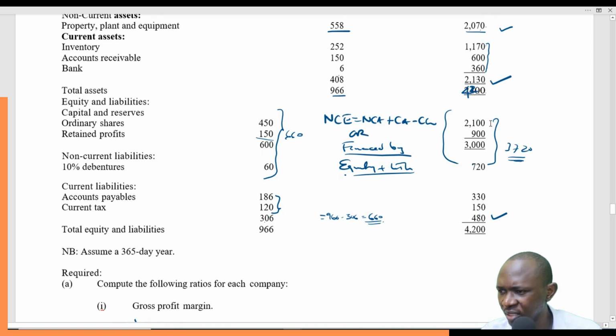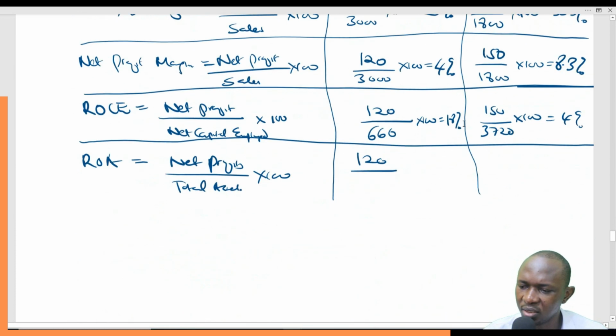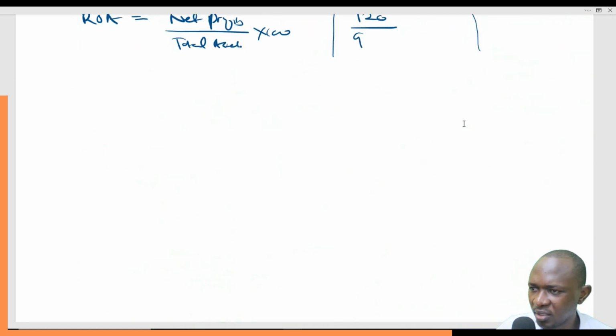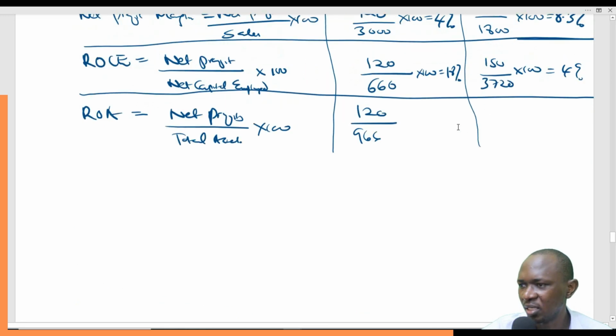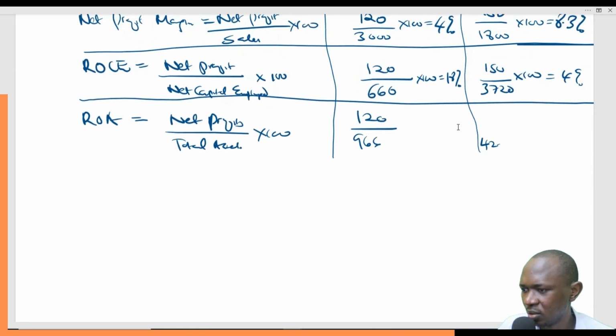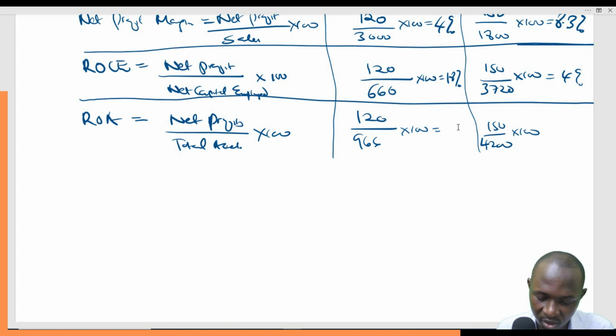So 966, and this other side is 4200. Times 100. Once you know the formula, it becomes very easy. 966, that is 12.42%, 12.4%. And this side it will be 150 divided by 4200. This gives you 3.57%.